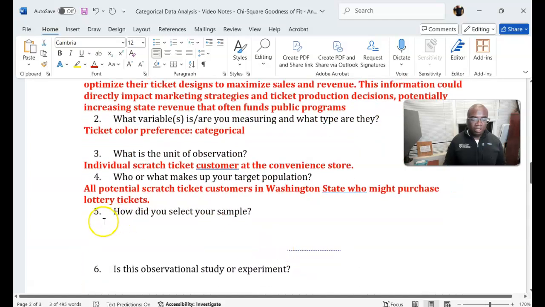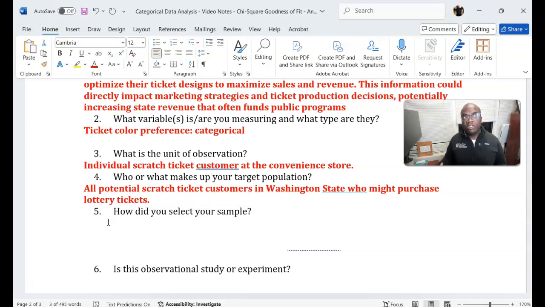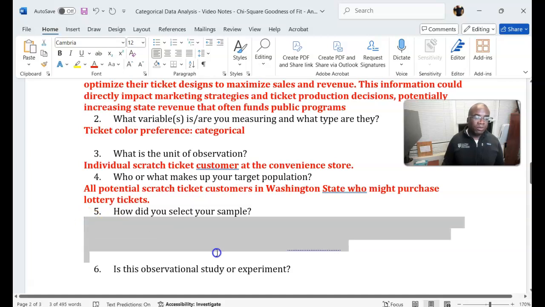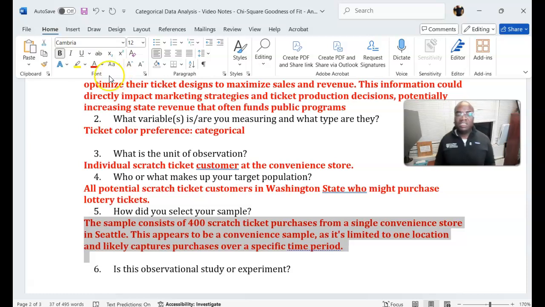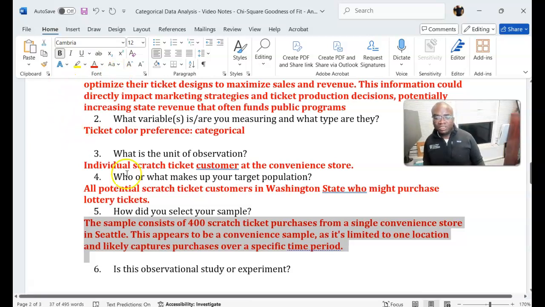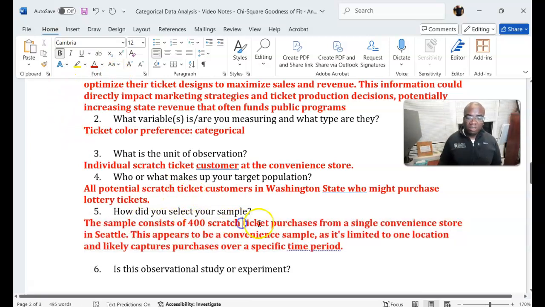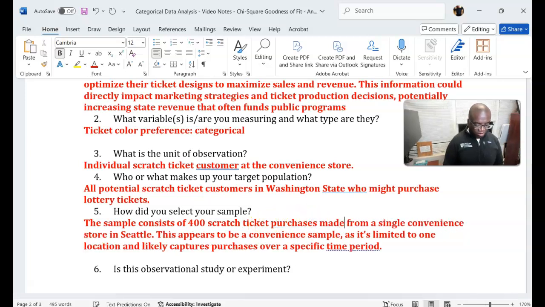And it's important that I'm labeling this because it's important for us to know what we're making generalizations about. The sample should be those 400 customers, right? The 400 scratch ticket purchases made by customers.